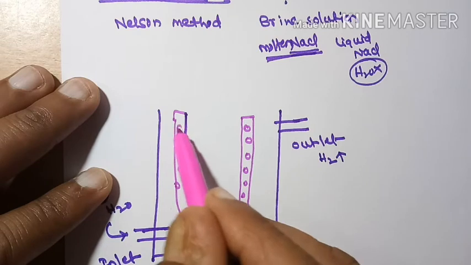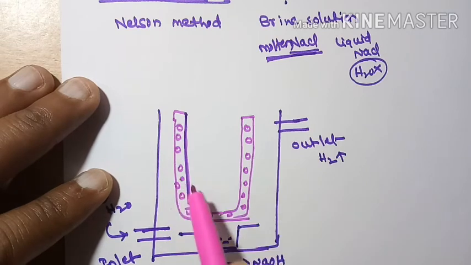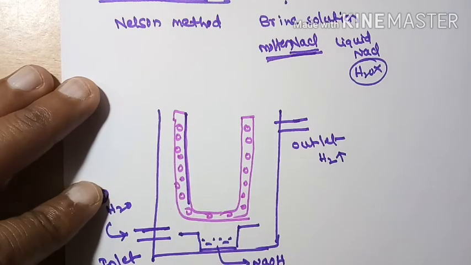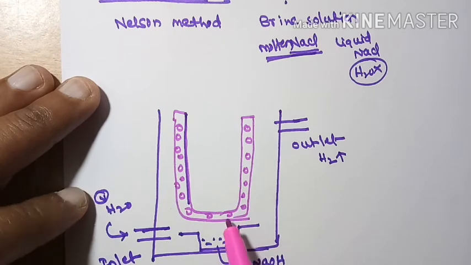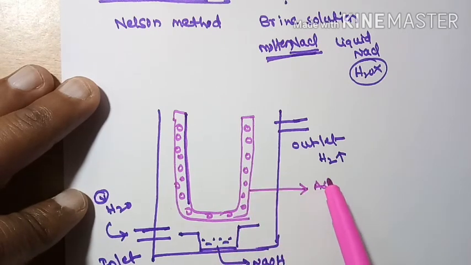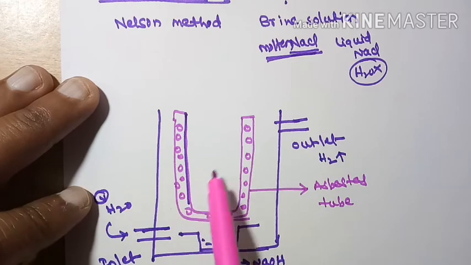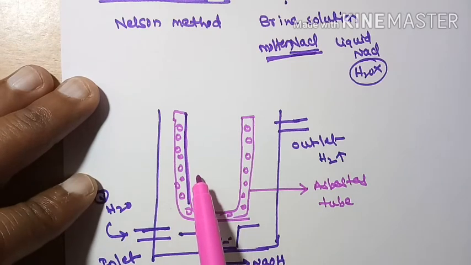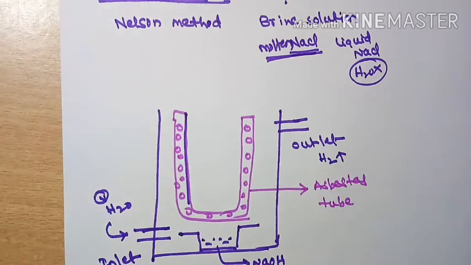It is called a perforated tube. So it is a U-shaped asbestos perforated tube.